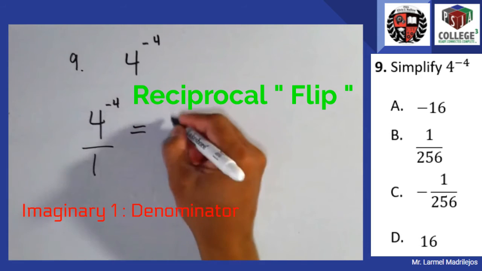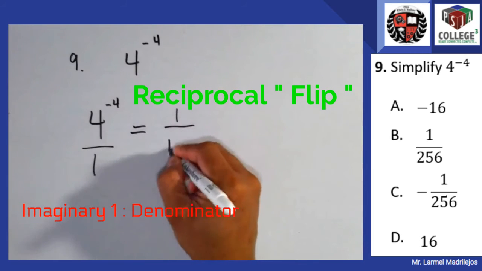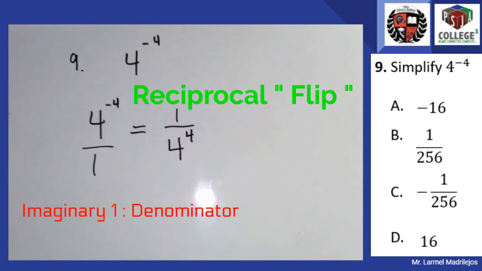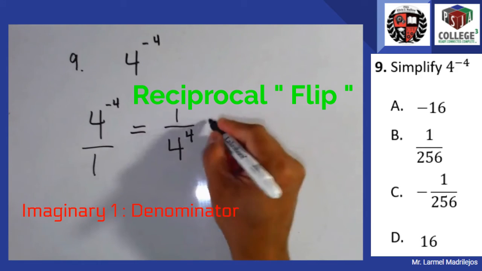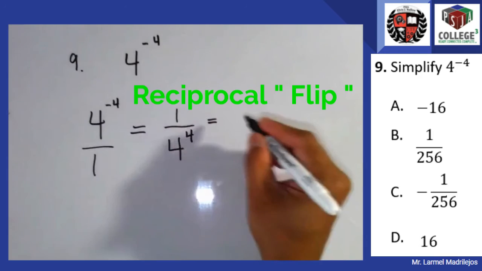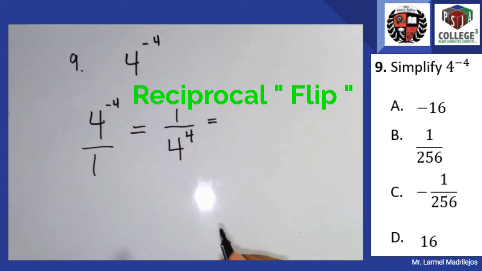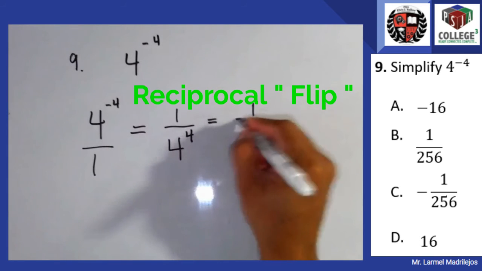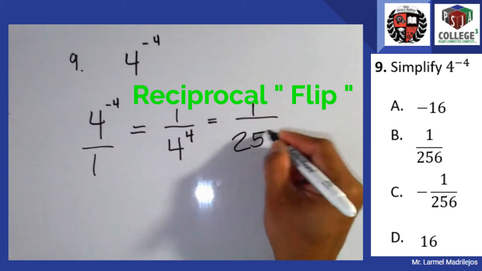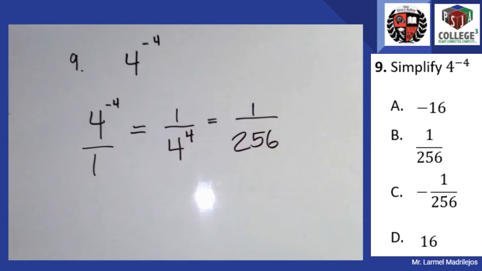Flip them, that turns to 1 over 4 raised to 4. So we can eliminate letter A and letter D. And these are positive, eliminate letter C. So the answer is 1 over 256. Letter B.